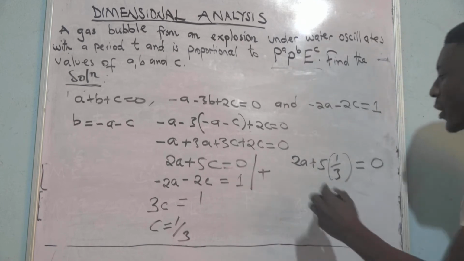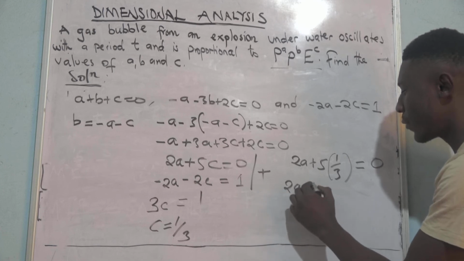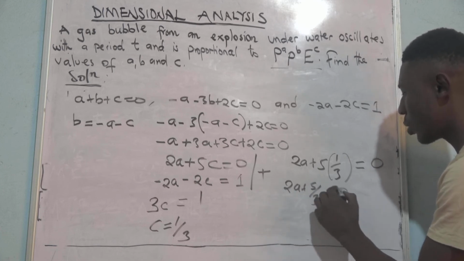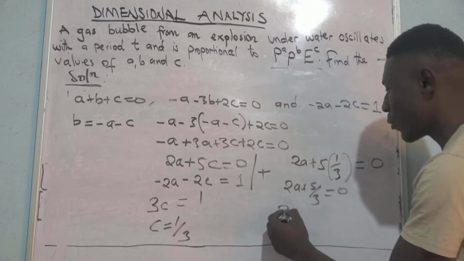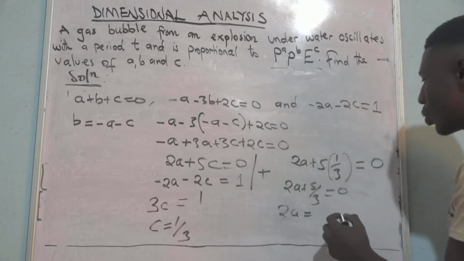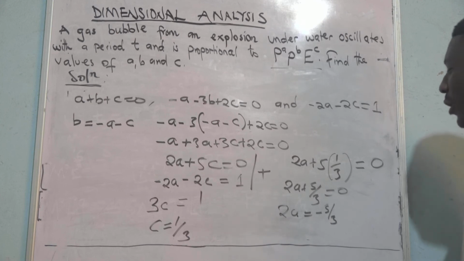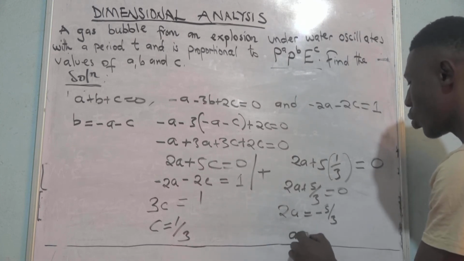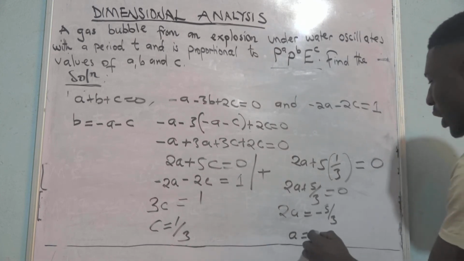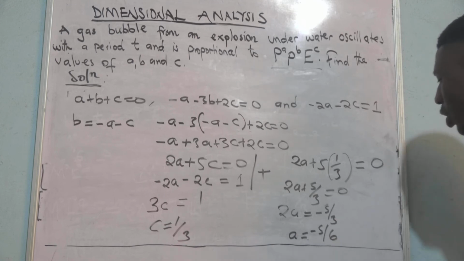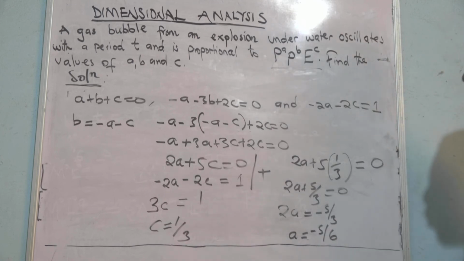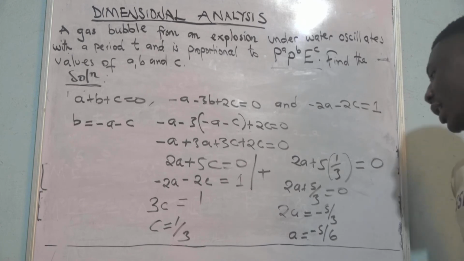Now this will simply give us 2a plus 5 over 3, which is equal to 0, which means that you're going to have 2a to be equal to negative 5 over 3. Now finding the value of a, we're going to say a will be equal to negative 5 over 6 when everything is done. So we have the value for c and the value for a.